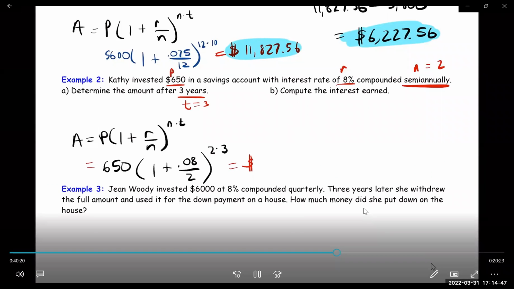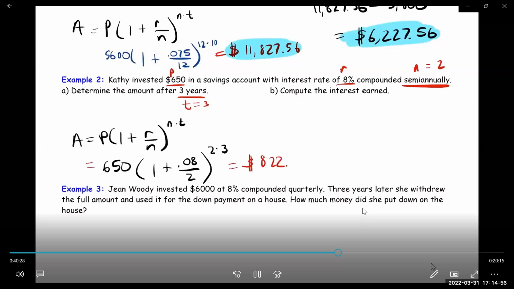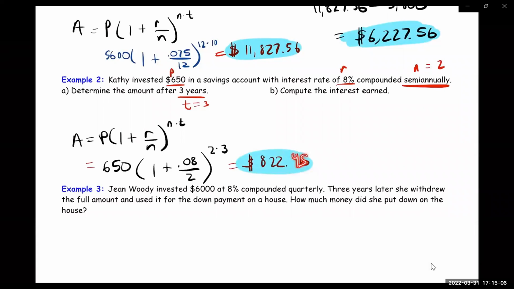No, I think I messed up. I'm getting $822, and if I round to 2 decimal places, I'm getting 46 cents. So see if you guys can get that on your calculators. This amount should be 457, but I just rounded that to 46 cents.